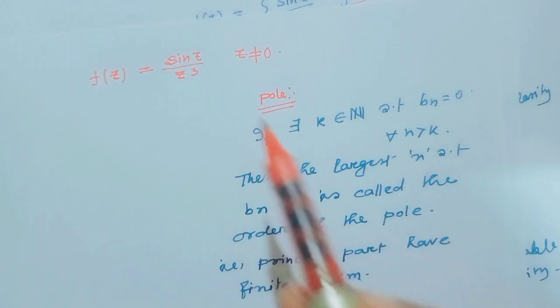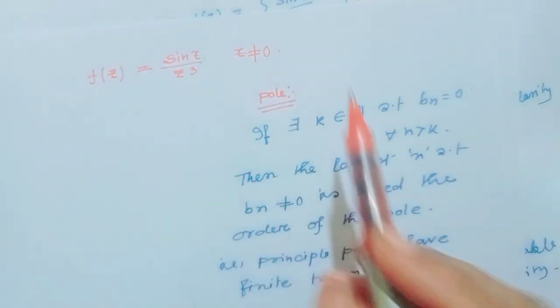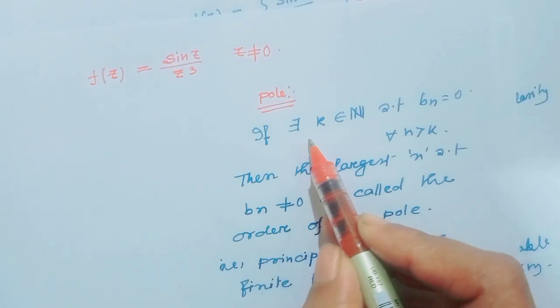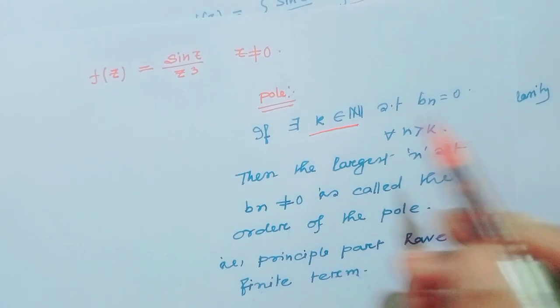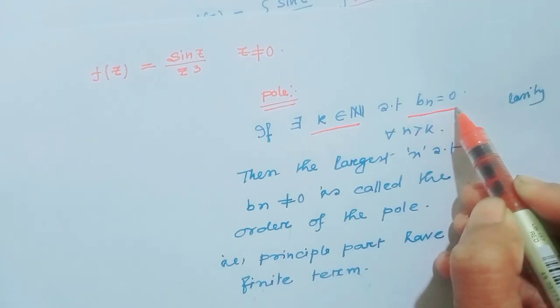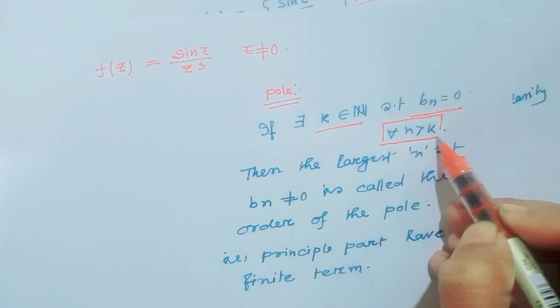f(z) = sin z over z cube when z is not equal to 0. If it is a pole, that means there exists k belonging to the natural numbers such that b_n equals 0, and this is true for n greater than k.